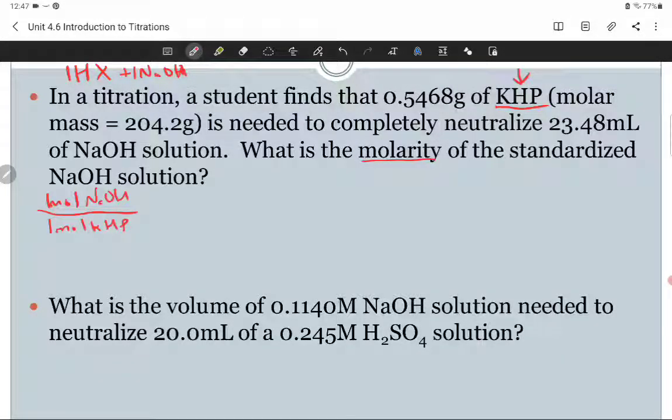It's a 1-to-1 ratio because it's 1 H there, monoprotic. Let's get the moles of KHP to cancel with the molar mass. Let's get the grams of KHP to cancel with the grams given.